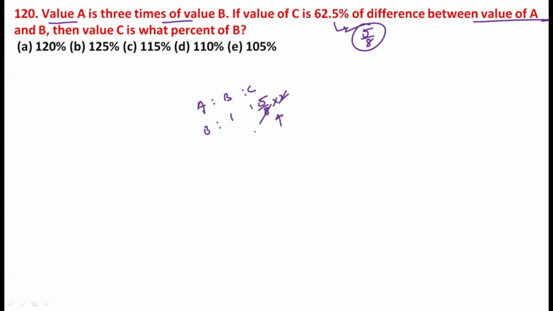Now the value of C is equal to 5 by 4. Here you just go with the multiplication. Now you can get the ratio. The question: C is what percentage of B? C by B is 5 by 4 into 100, which is 125 percent.